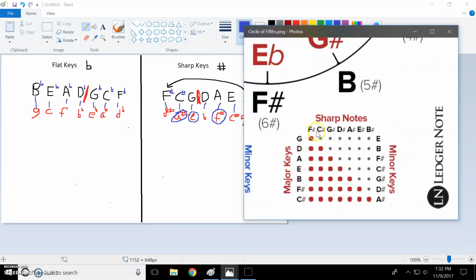These are the sharps, the order of sharps. Fat cats go down alleys eating birds. And these are the major key signatures, and it filled them in as they go. And now across from all the major key signatures are the minor key signatures.